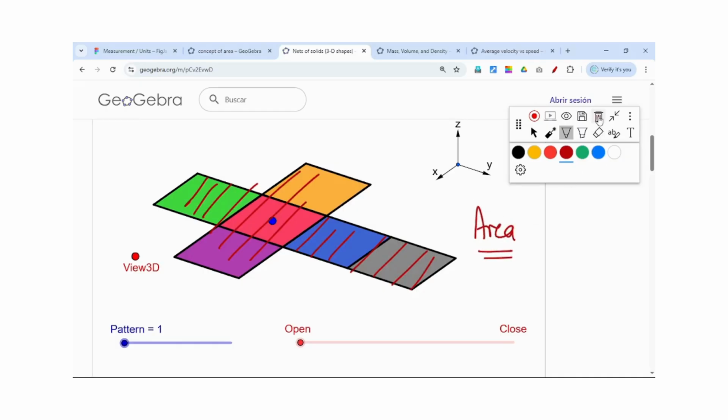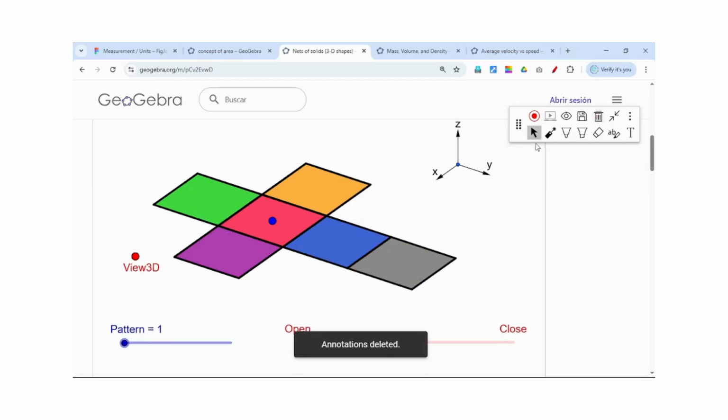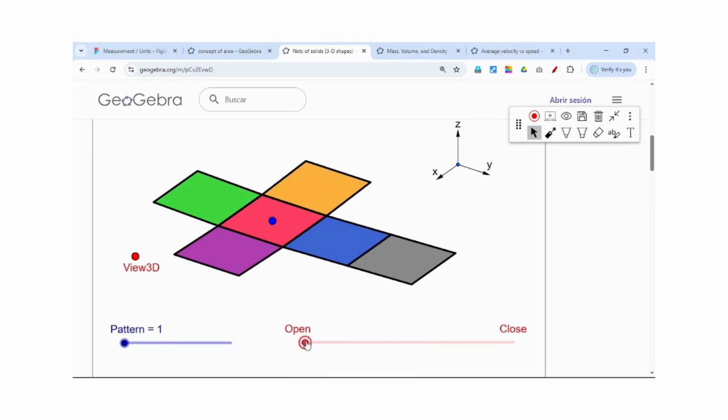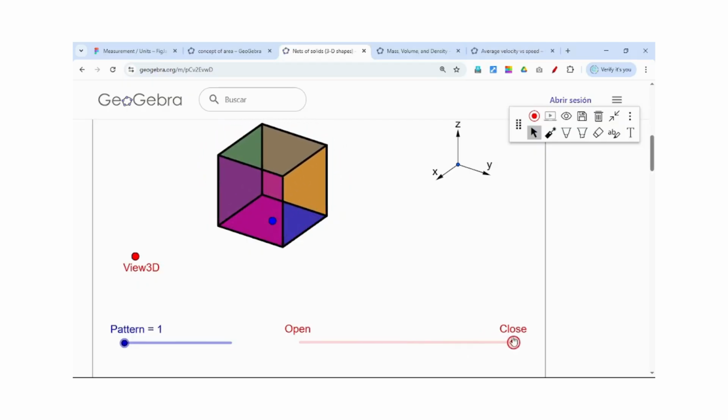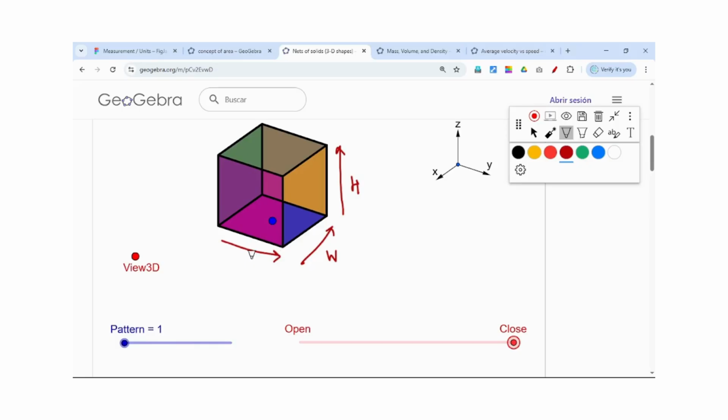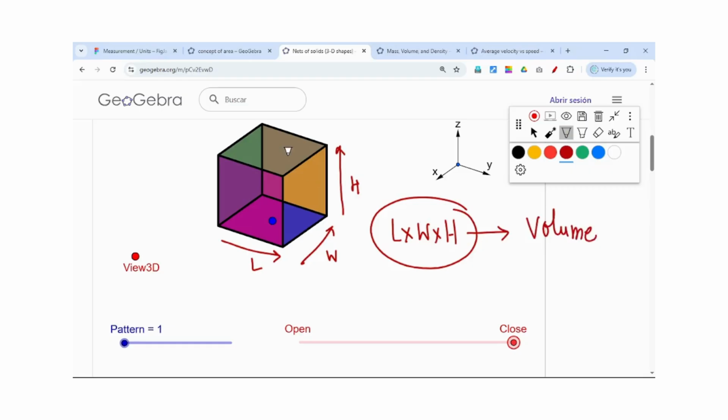But if I add one more dimension, for example, if I close this figure, it becomes the shape of a box, and there is one more dimension which is in the direction of z. So this is your height, this is your width, this is your length. So you are now multiplying 3 dimensions, and you are able to measure a new property which is called volume or space occupied, the space inside this box.